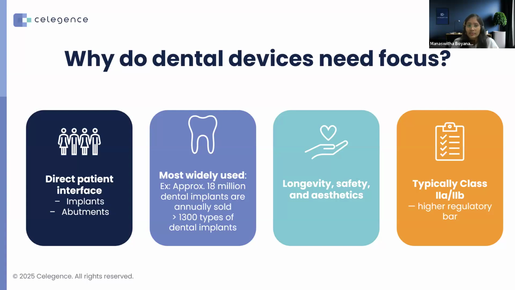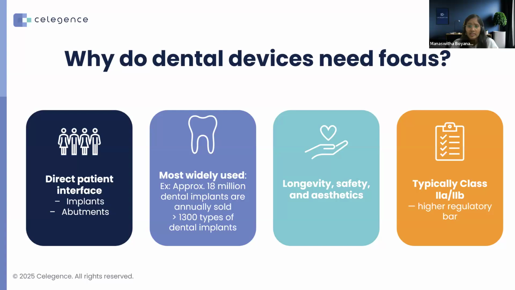And because of this direct interaction, there is significant biological response which might trigger risks such as inflammation, peri-implantitis, mechanical failure, or even result in bone loss. This is why regulators expect deeper insight into how a device performs over time, besides short-term trials.